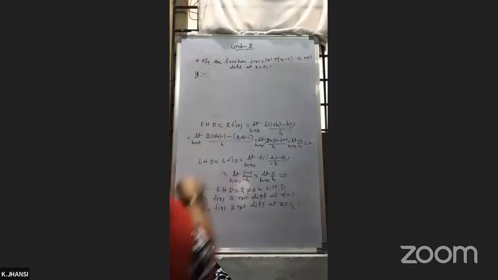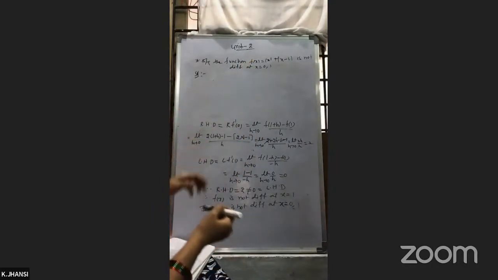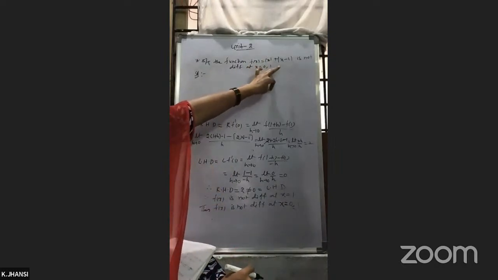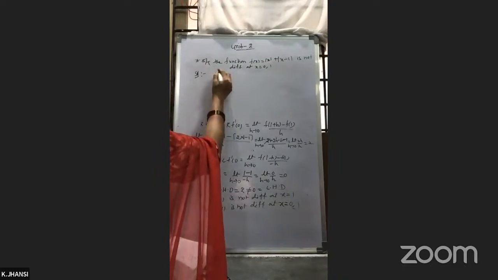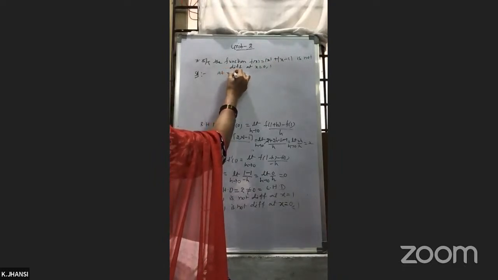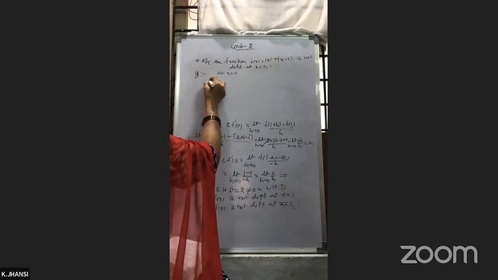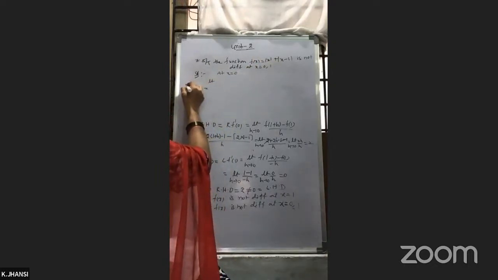So I'll just tell for RHD for this one. You see the LHD and also RHD at 1. Okay. So if you take x equals 0, and the function you are taking is this one only, that is limit x tends to, this is RHD.